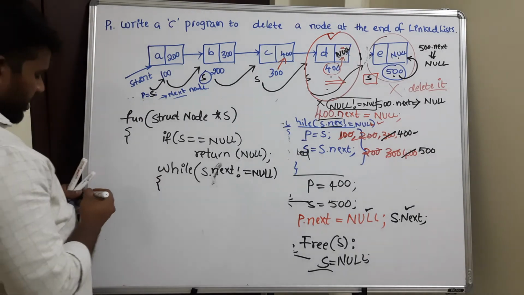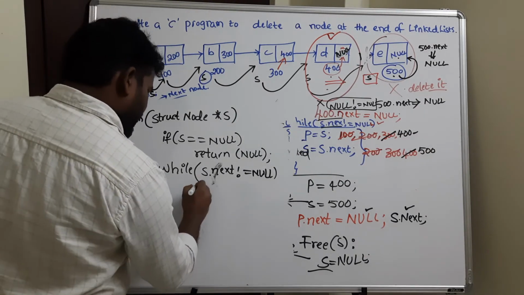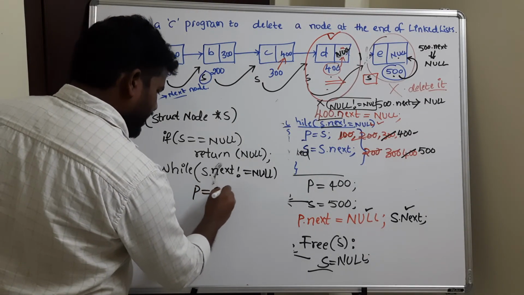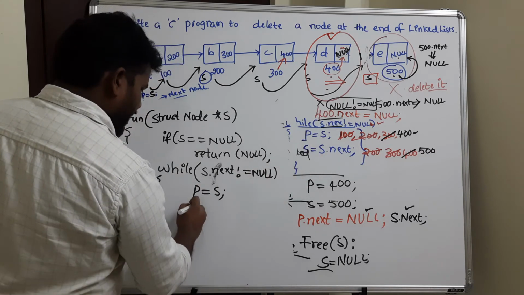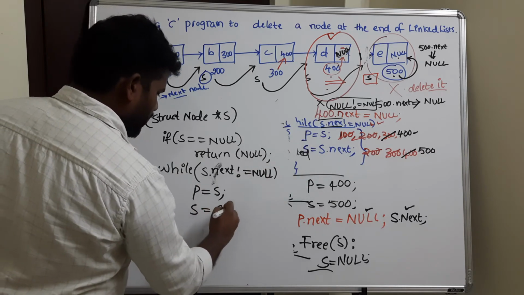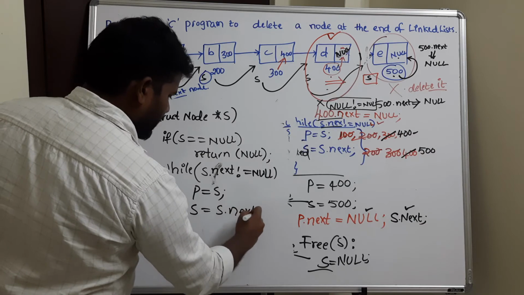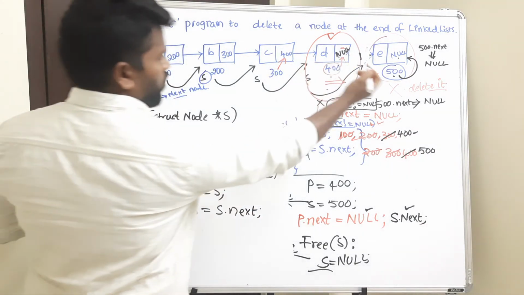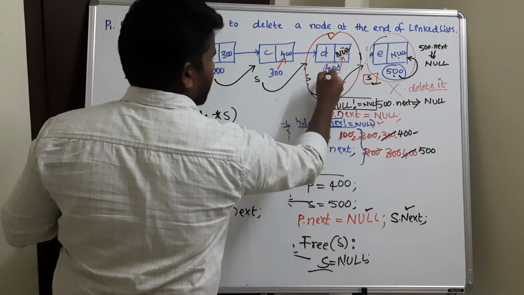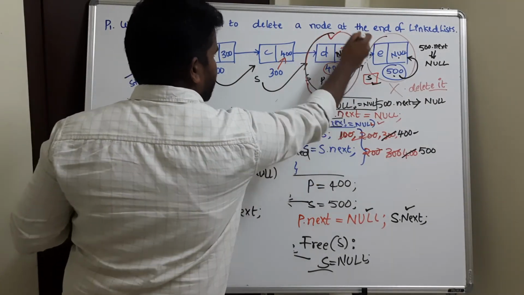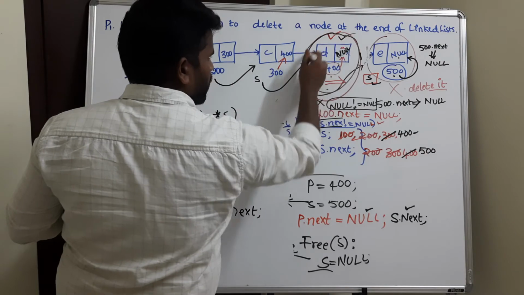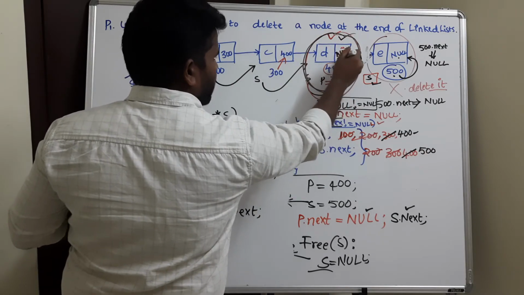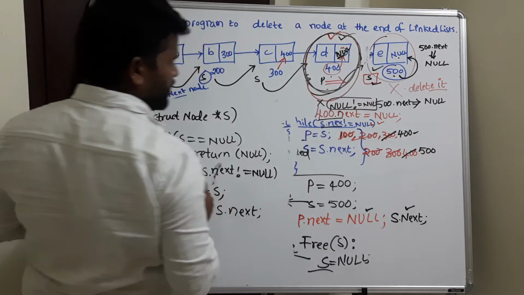So how can we run? There is P equal to S, as we discussed here, and S is equal to S dot next. What it does is, if you move S one pointer ahead, P will stay here, because we need to assign this next value equal to null, and we need to delete this particular node.